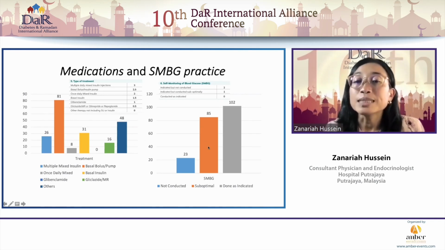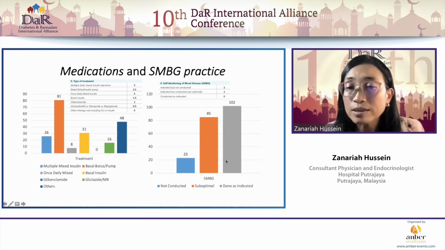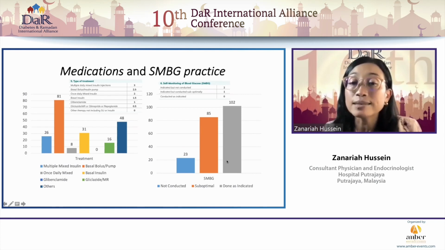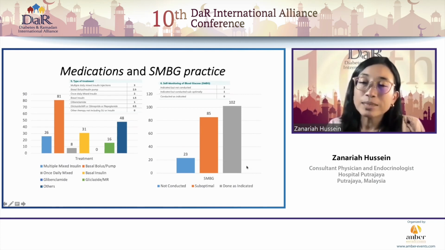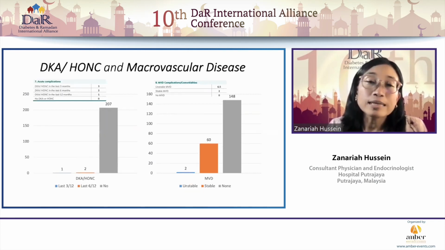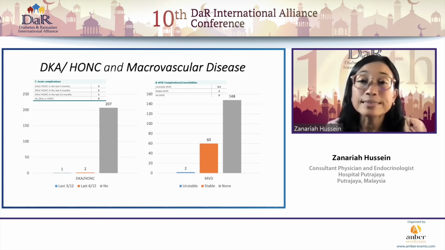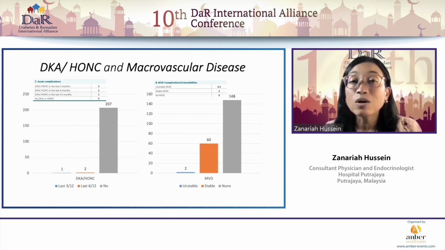In terms of SMBG, we recognize that still about half of the patients are not performing SMBG as indicated. And this is still a problem in Malaysia, where even people on insulin are not doing SMBG regularly. So this would also give some weightage to the score. Most, or almost all, did not have a recent complication of severe hyperglycemia, as observed here, DKA or HONK.